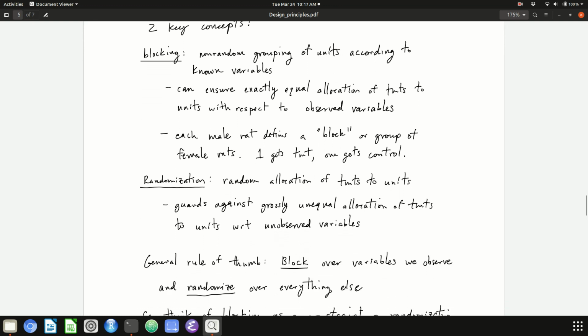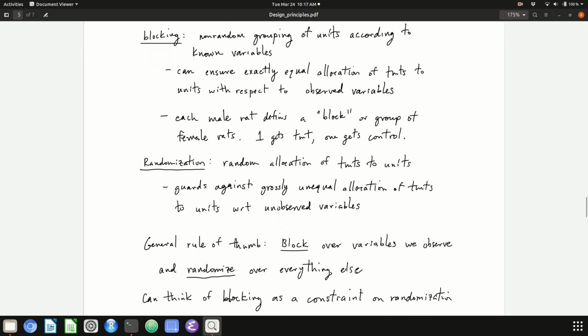Now, we use blocking to control for variables that we can observe. But not all variables that we expect to influence the response can be observed. For example, we might not have enough resources in this experiment to genotype the female rats, and we expect the genetics of the female rat to influence the response, but that's not something that we can realistically observe in this experiment.